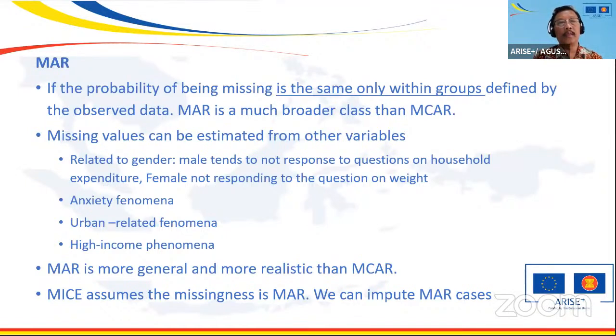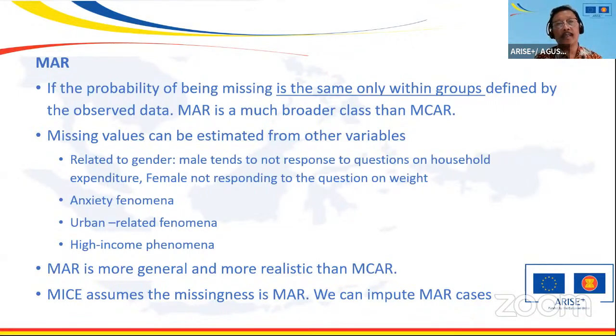For example, gender-related missingness. Maybe males tend not to respond to questions on household expenditure, and females not responding to questions on weight, or maybe contraceptives. If you ask the male, they will answer, but if you ask the female, maybe most of them will refuse.